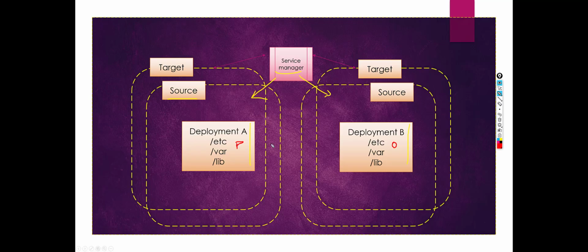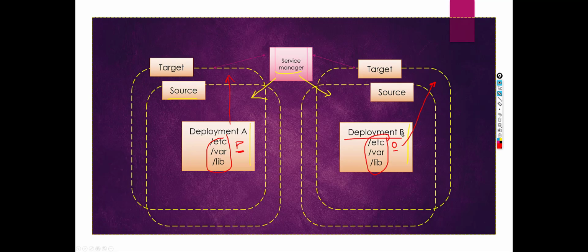So all the information related to the product should be replicated via deployment A from the source to the target. So likewise, all the data related to order should be replicated from source to target via deployment B. And if you see, deployment A is having a separate set of directories and deployment B is having a separate set of directories.